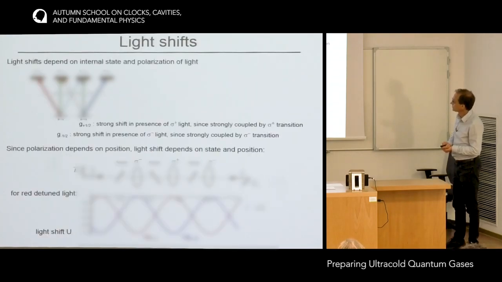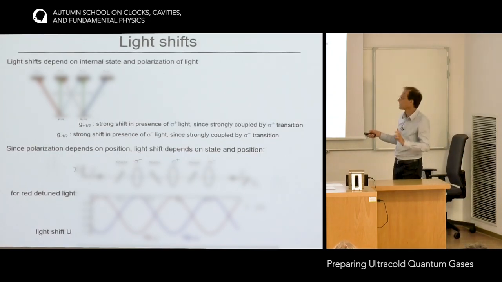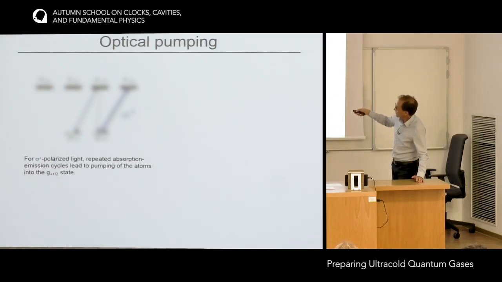Oh, wait, okay. There's one last tiny ingredient and then we are done with all the ingredients. The last ingredient which we need to know about is optical pumping. So if I have an atom in the g minus 1/2 state, for example, and there's only sigma plus light present, then it can absorb a photon and by spontaneous emission go to the g plus 1/2 state.